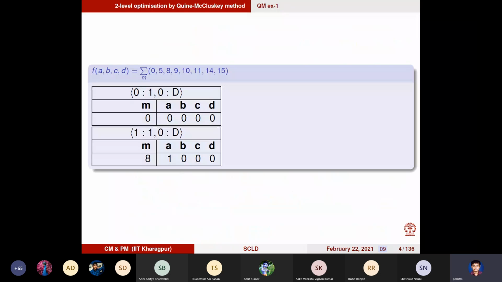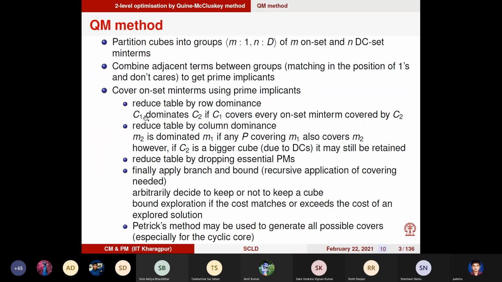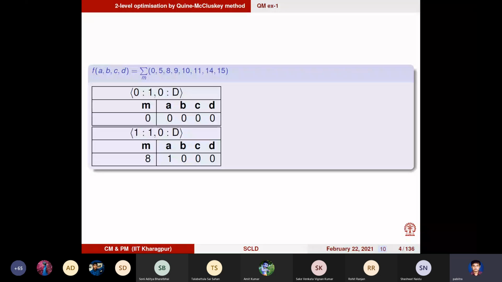Let me explain with an example. Let's say you are given a logic expression, let's call it A. There are 4 variables, A, B, C, D, and these are the min terms, so it's a sum of products form. The min terms are 0, 5, 8, and so on. These min terms can be written in an equivalent logical form.